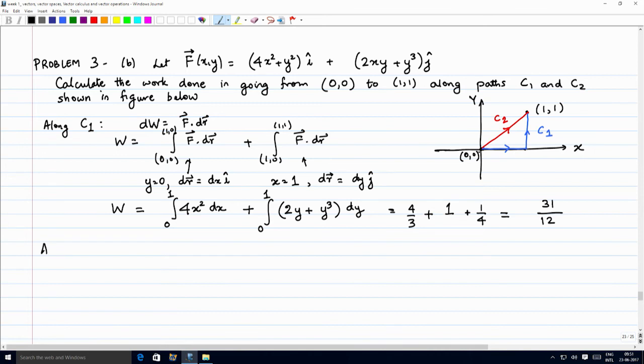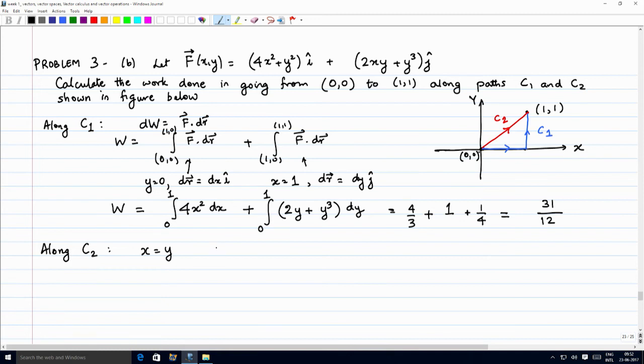Now along C2, so this is the work done along the path C1. Now along C2, how do you calculate the work done? If you look at this path, along this path you have x equal to y.